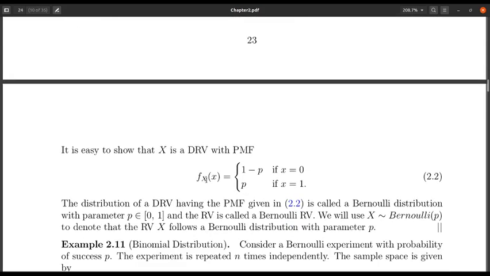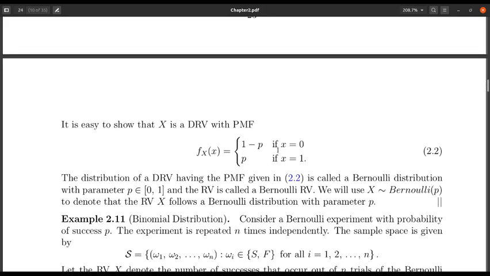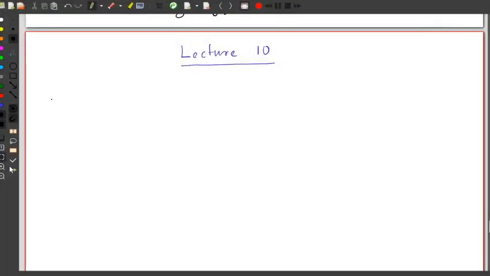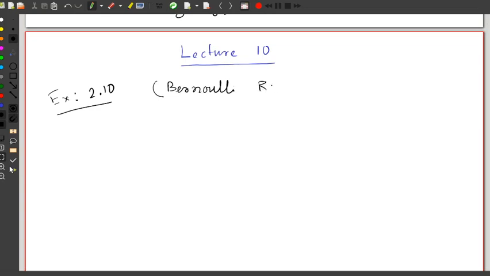So this is Example 2.10, the Bernoulli random variable or Bernoulli distribution.